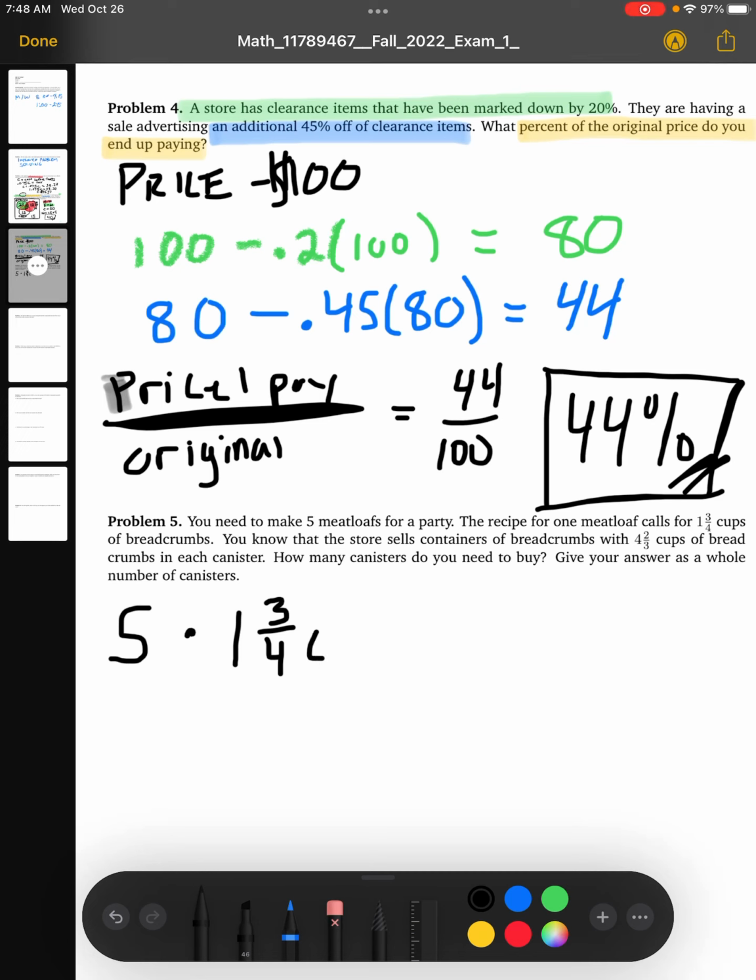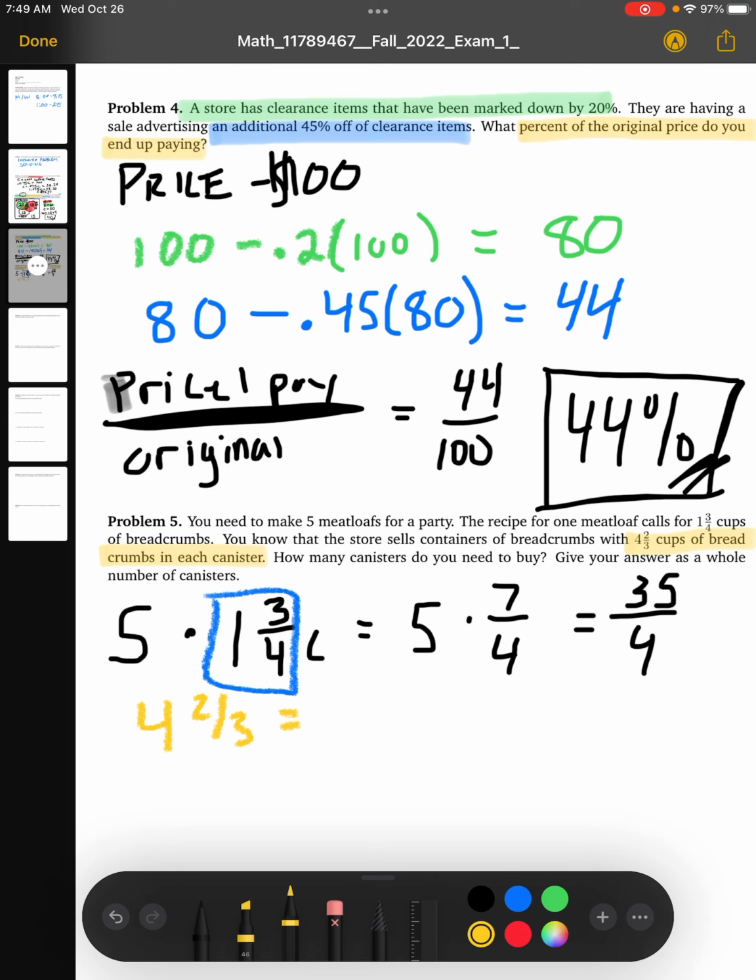Okay. I know how many breadcrumbs are in each canister: 4 2/3 cups. So I'm going to convert that number to an improper fraction. So 4 2/3, that's the same as 14/3.